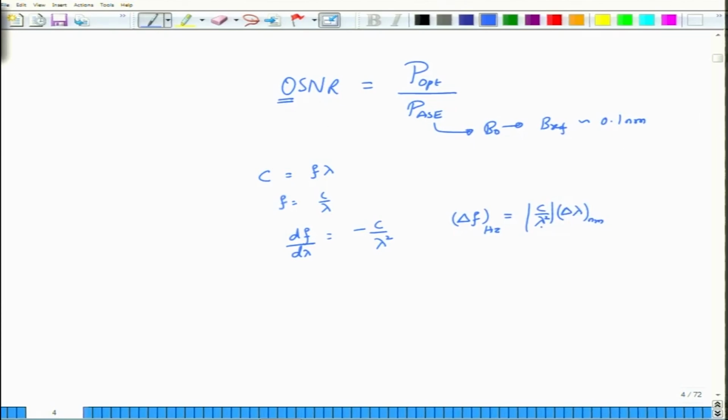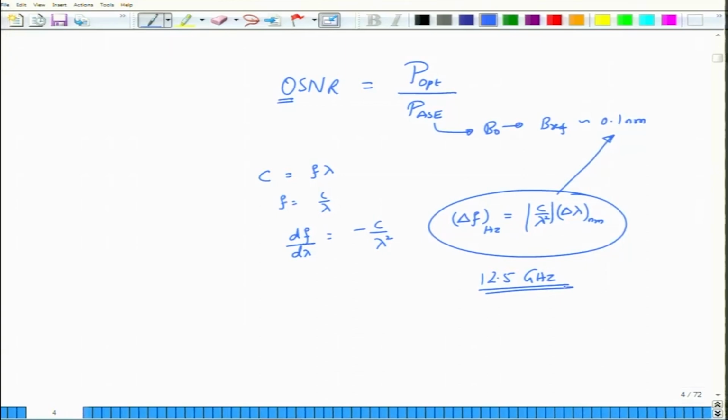So, you express lambda in nanometer, c in say meters per second or nanometers per second, and you can use this formula to find out the appropriate value of the bandwidth in hertz. It turns out, and I will leave it as an exercise for you to show, that this is roughly 12.5 gigahertz. So, 0.1 nanometer corresponds roughly to 12.5 gigahertz.